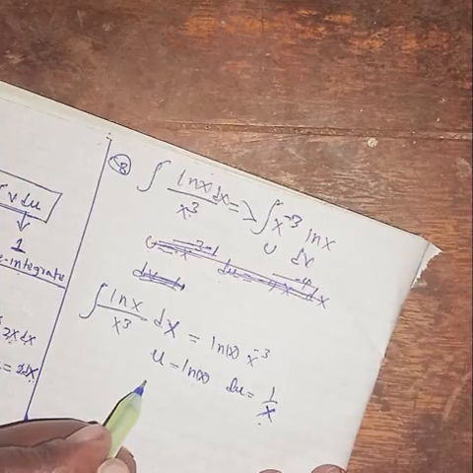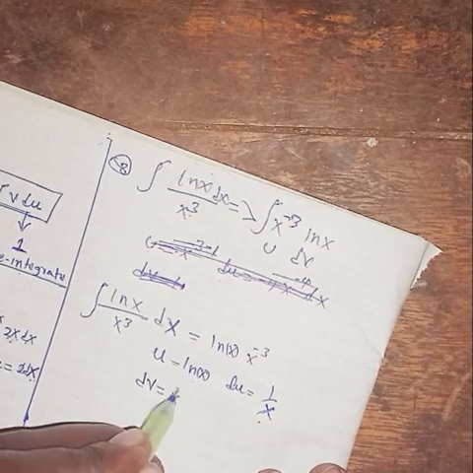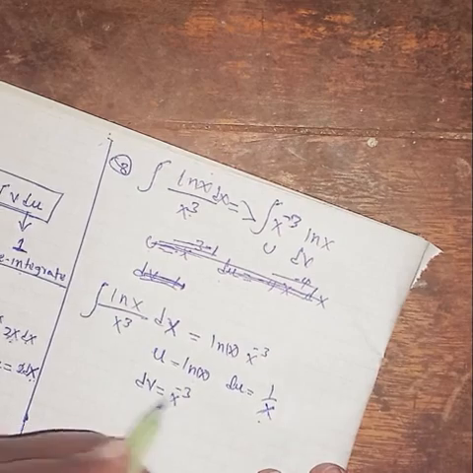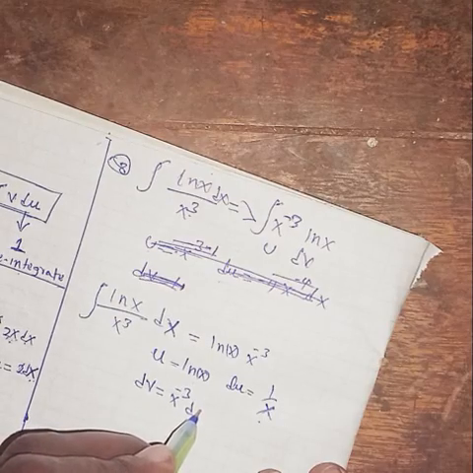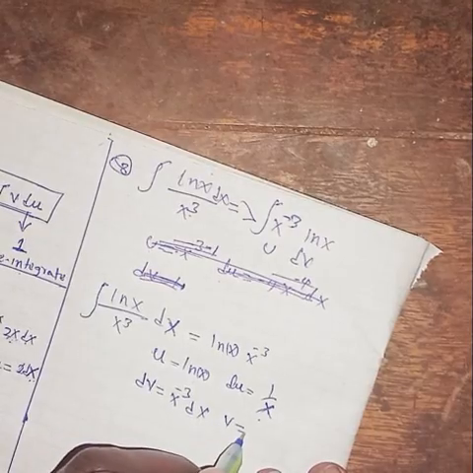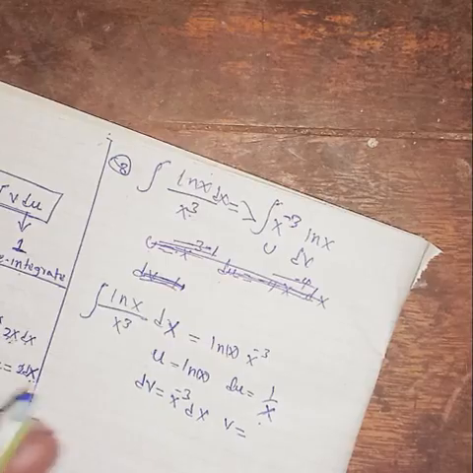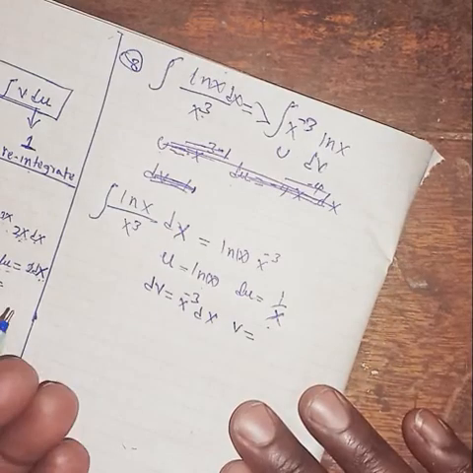So that we'll get now dv to be x negative 3 dx. So now we get v by integrating this one. And how do we integrate? You remember very well the way we are integrating.